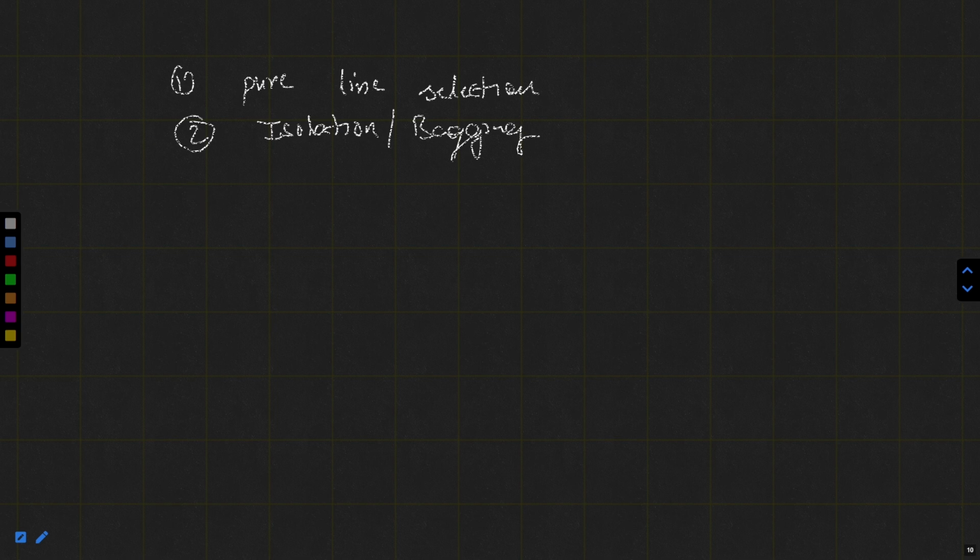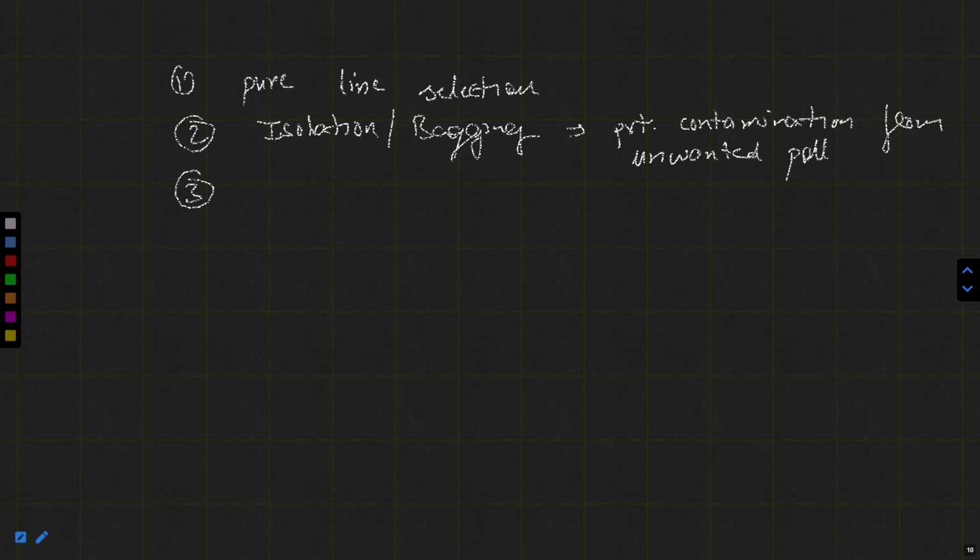This is to prevent the cross pollination, to prevent contamination from unwanted pollen. So you can say contamination or pollination.